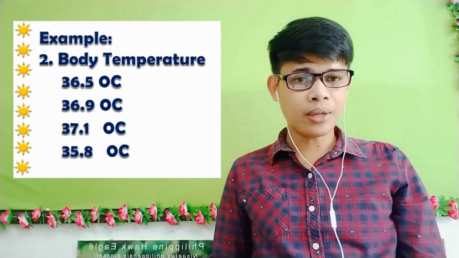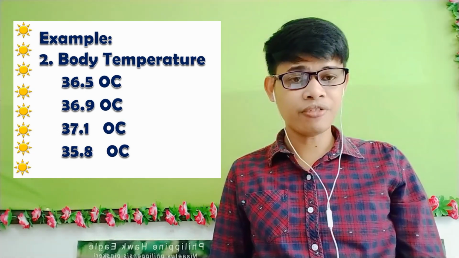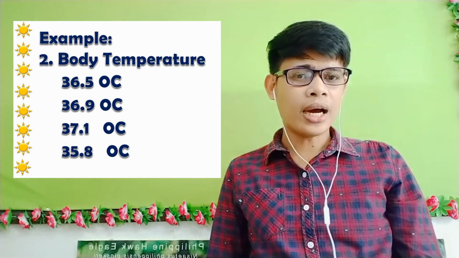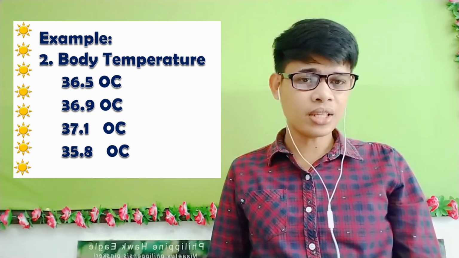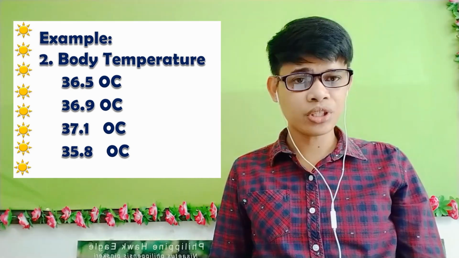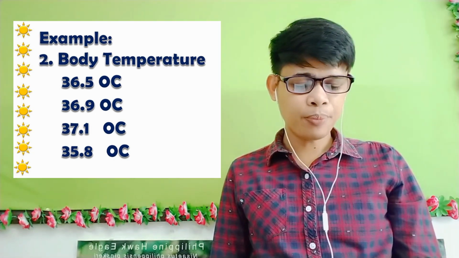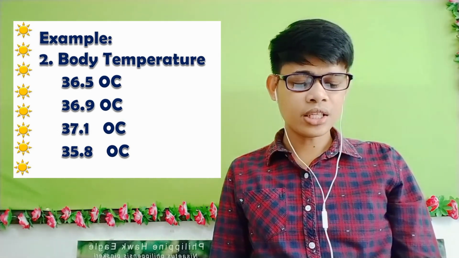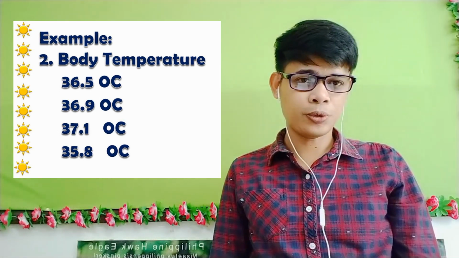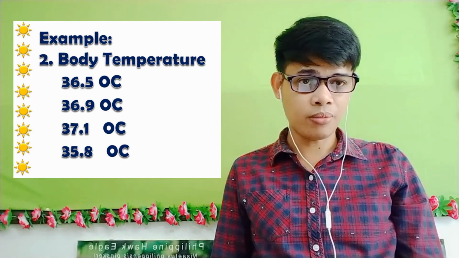For example, a person can have a body temperature of 36.5 degrees Celsius. Another person next to you can have 36.9 degrees Celsius as the body temperature. Or another person can have 37.1 degrees Celsius and another one is 35.8 degrees Celsius. So we have here body temperature as a research variable.